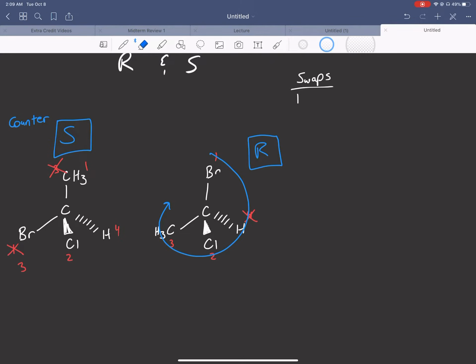So I'm going to perform 1 more swap. Let's swap now 1 and 2, the bromine with the chlorine, putting the chlorine here and the bromine there. So the chlorine goes here now, the bromine goes here.